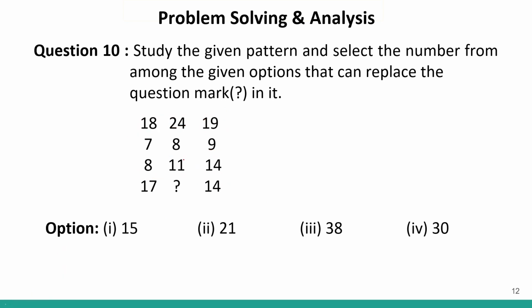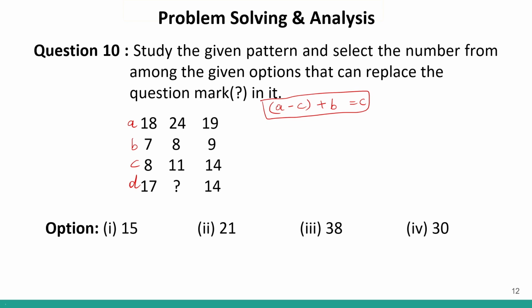Okay. So, maybe I'll tell you the logic now. Let me give them the names A, B, C, D. So, if I subtract C from A, and then I add B into it, I will get my D. This is the logic that is being used in this question.